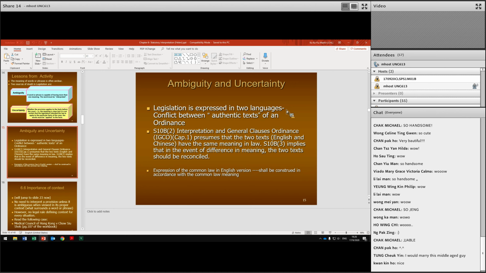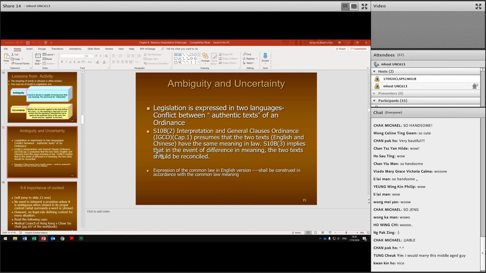If there's any conflict between the Chinese version and the English version, the English version will prevail. It's something unavoidable, because most of the legal documents are drafted in English and then translated into Chinese. And also sometimes, I think we don't have the same concept in our language.